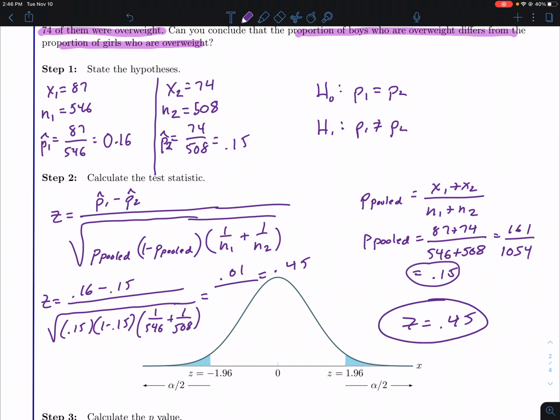All right, and so again, since this is a regular z-score problem, once we know our alpha, we can immediately find where the fail to reject and the reject H naught range is.